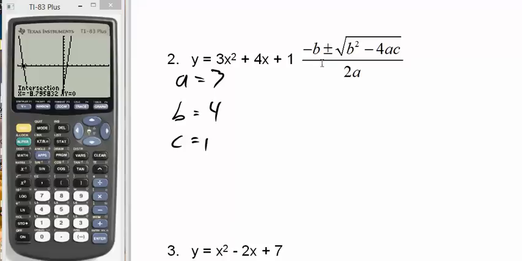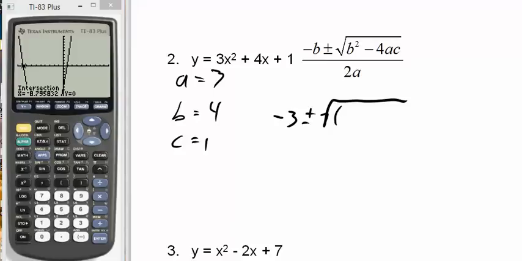is minus B plus or minus the square root of B squared minus 4AC all over 2A. You can tell I had to use that a lot. I have it memorized still after all these years. So we have minus whatever B is, plus and minus the square root of B squared. Oops, I actually did that wrong.